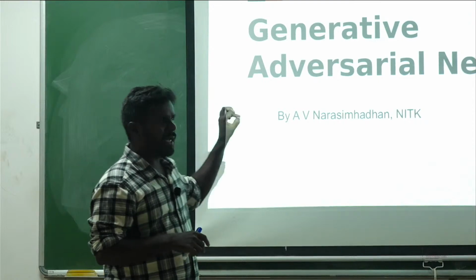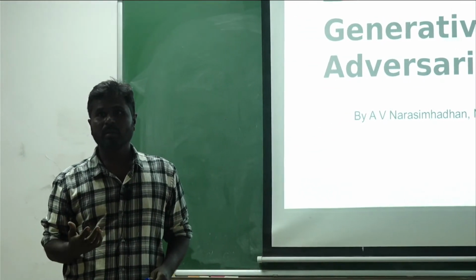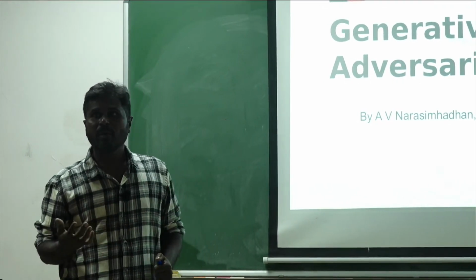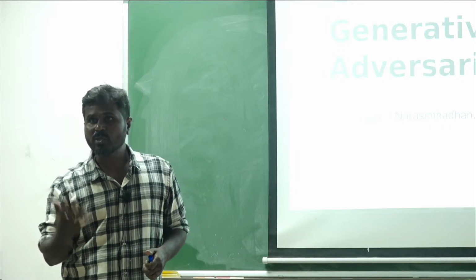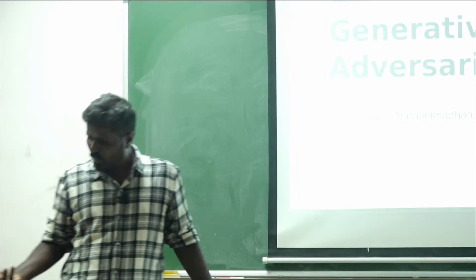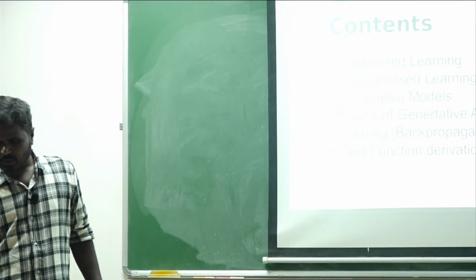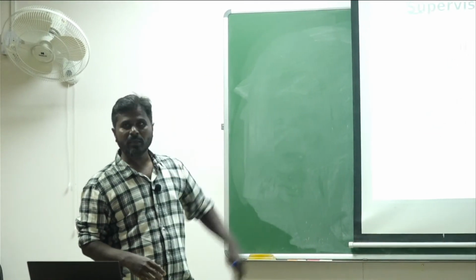Mainly the GANs understand the structure of the data. So it's a kind of unsupervised learning. What do you mean by unsupervised learning? In supervised learning, what is the goal?